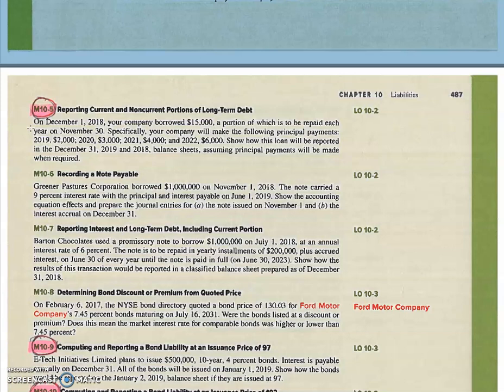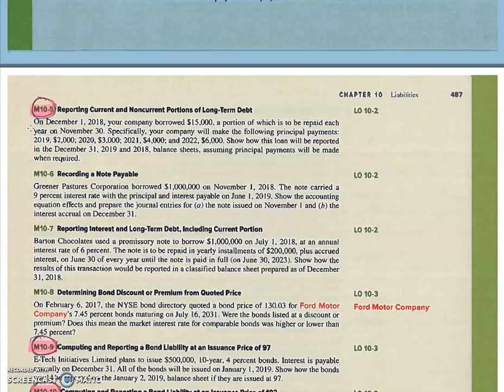Specifically, your company will make the following principal payments. So 2019, $2,000, 2020, $3,000, 2021, $4,000, 2022, $6,000. So we add all those up, that comes to the $15,000.